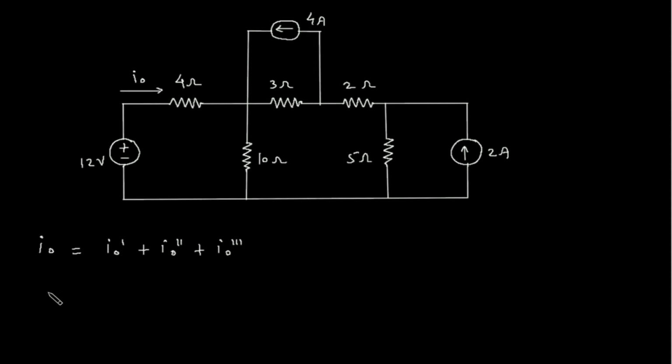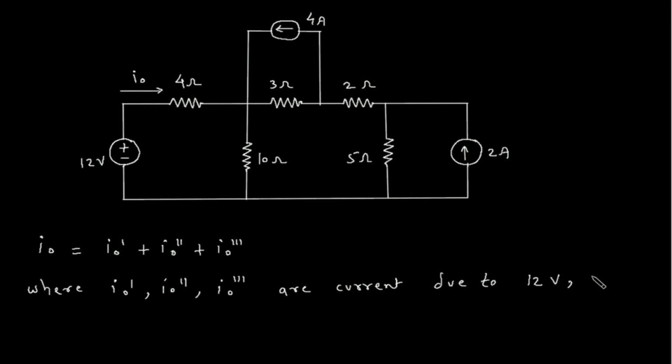Where I/O prime, I/O double prime, I/O triple prime are the current due to 12 volt, 4 ampere and 2 ampere respectively.